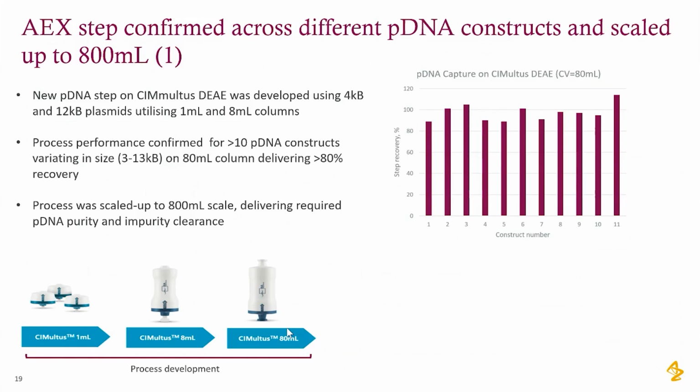So we first did initial experiments with two different plasmid DNAs, 4 and 12 kb plasmids, utilizing 1 mL and 8 mL columns, and then we successfully scaled up the process to an 18 mL column. And in this slide, you can see the graph that represents recoveries of the anion exchange step for a variety of constructs, more than 10 pDNA constructs, where we always get very good recovery, more than 80%.